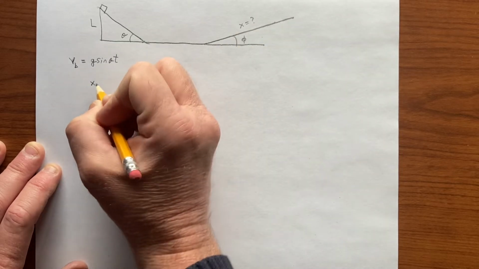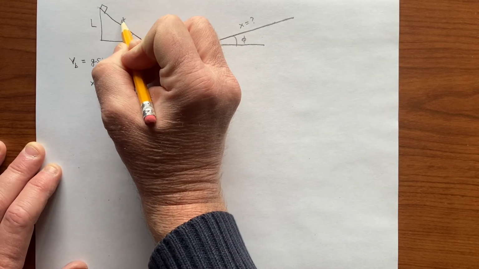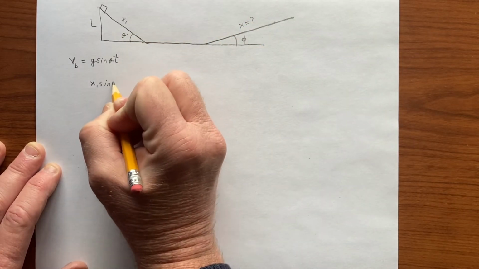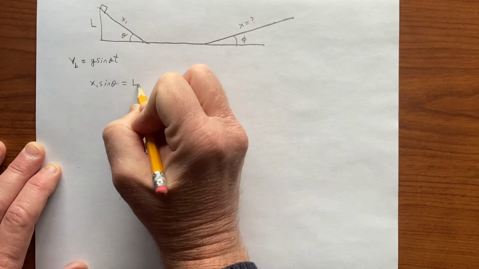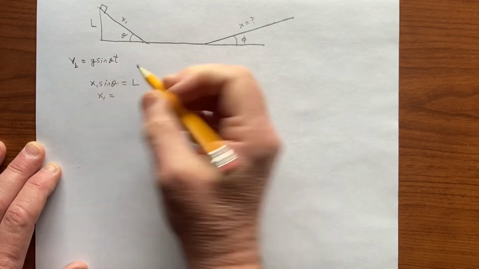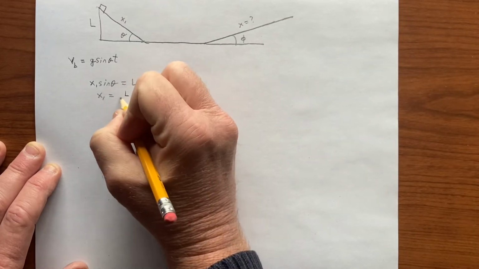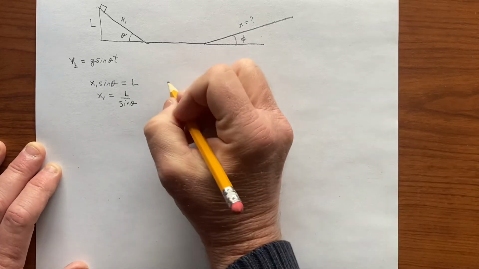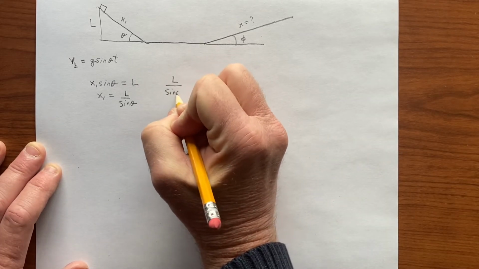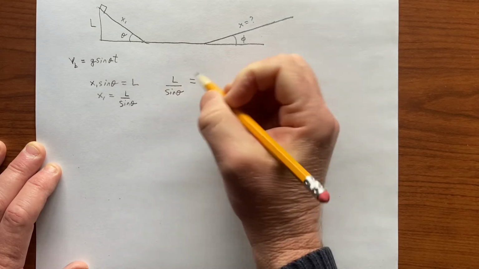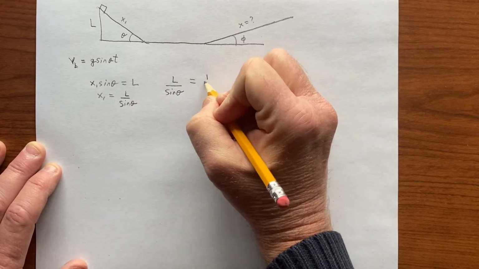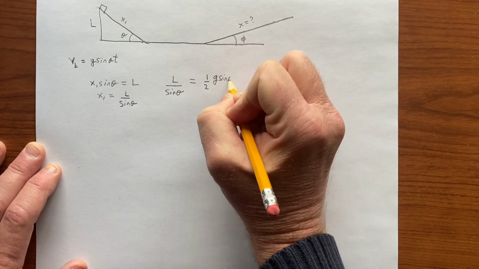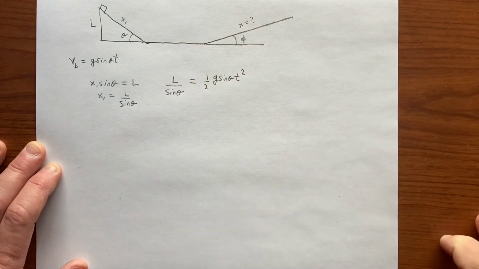It's not that x distance, so let's maybe call it x1 there. x1 sine of theta is equal to L, and so x1 is equal to L over sine of theta, and so our equation is L over the sine of theta is equal to 1/2 ax t squared, and ax is g sine theta. So we have that. That's the x equation.